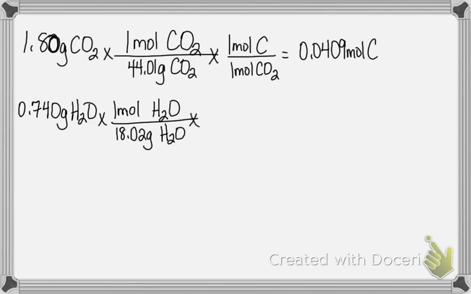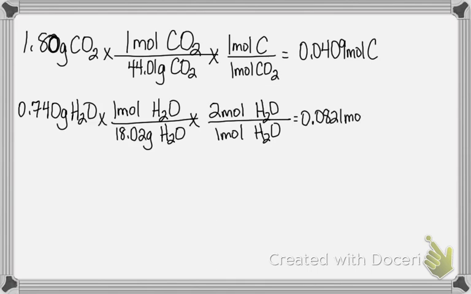And again, based on the formula, I know there's 2 moles of H in each mole of H2O. And when I punch that in my calculator, I get 0.0821 moles of hydrogen.